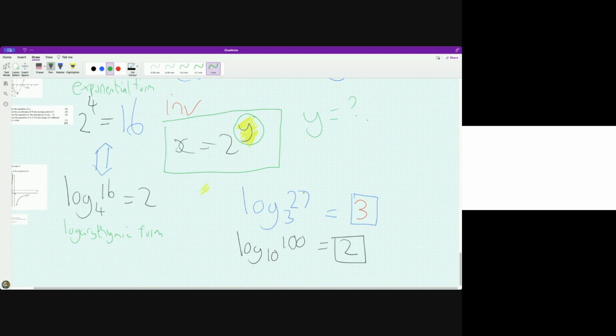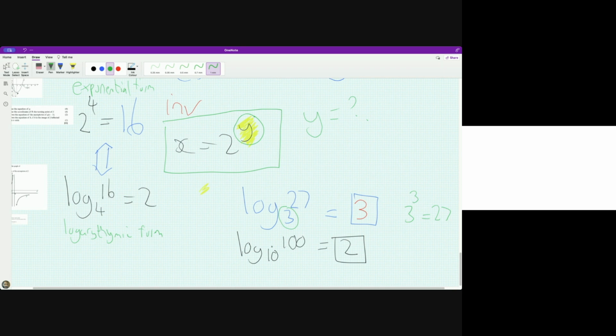Now, just to show you, with this notation of logarithms, there's the log way of writing it, and then there's the exponential way. So the exponential way of writing the statement would be to write 3. So you take the base, which is here, and then you take this other thing, which is by itself, and write it as a power, and then you drop the log, and whatever's left behind here is 27.